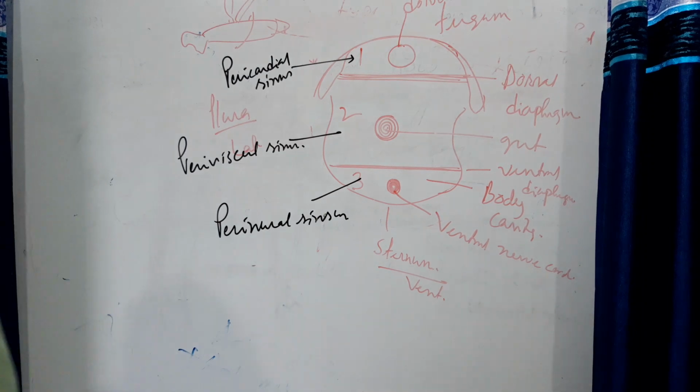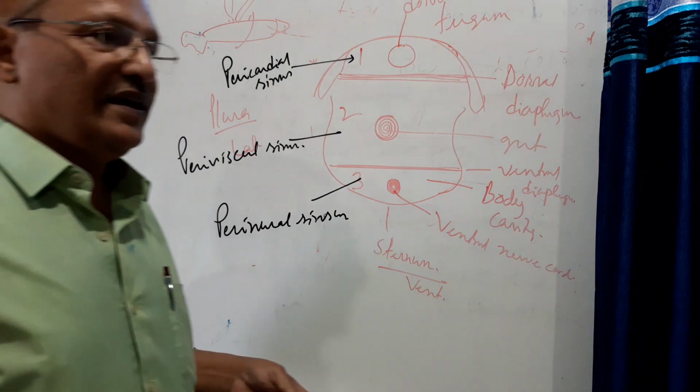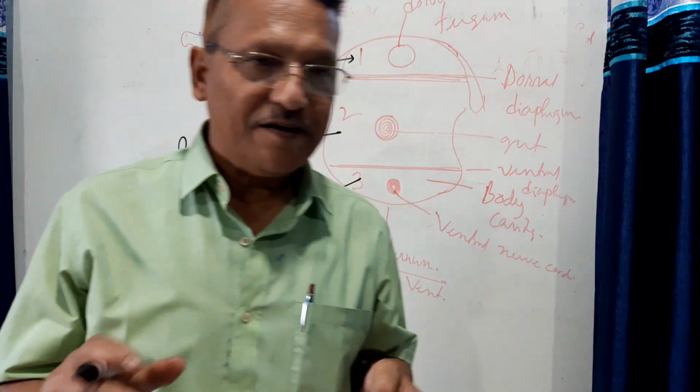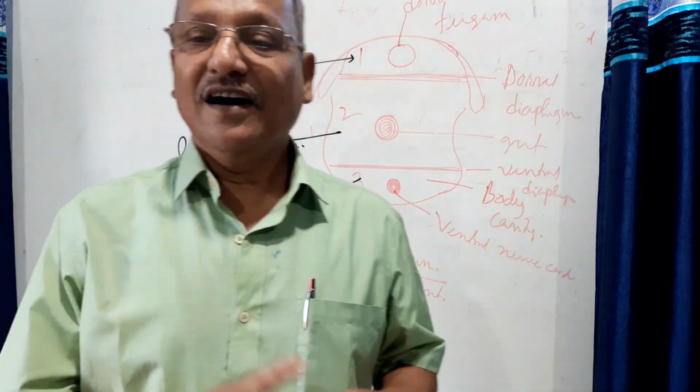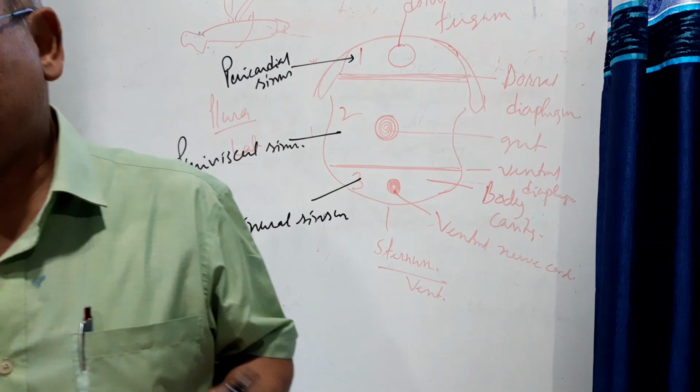So you see, in insects there is no specific or special structure of heart. The heart is also a tubular structure.